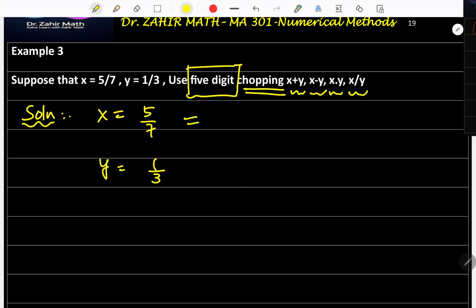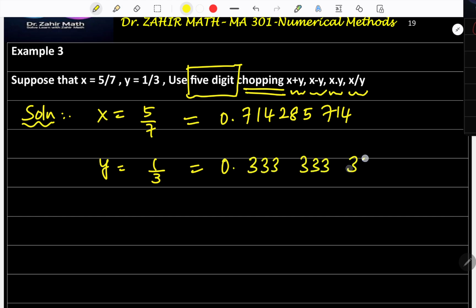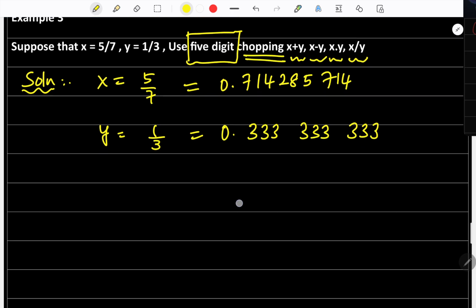Let me put in the calculator 5 by 7, which is 0.714285714, and 1 by 3 is 0.333333333. Just now I gave an example, right? What is the first question? The first question is x plus y.